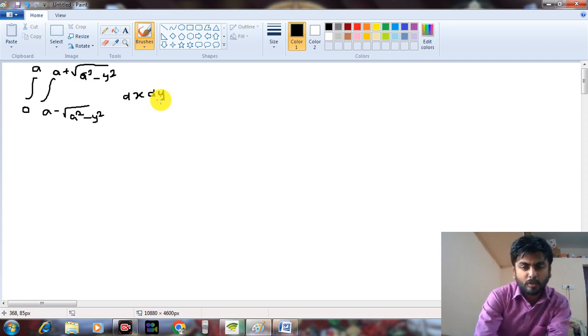So we want to evaluate this double integral after changing the order of integration. It does not mean that it is not possible to solve as it is, but the challenge here is to change the order of integration and evaluate it.